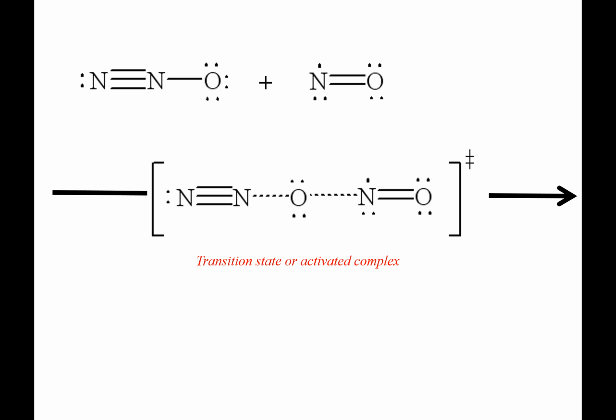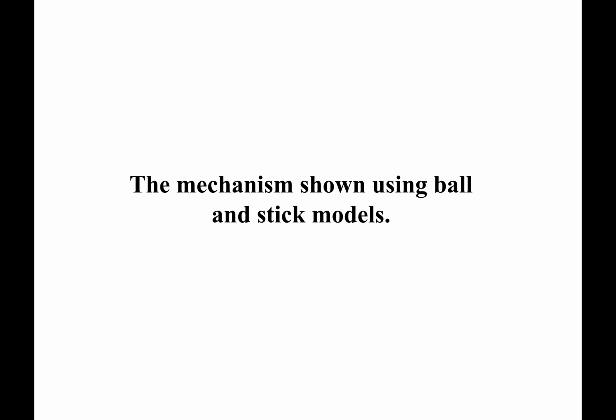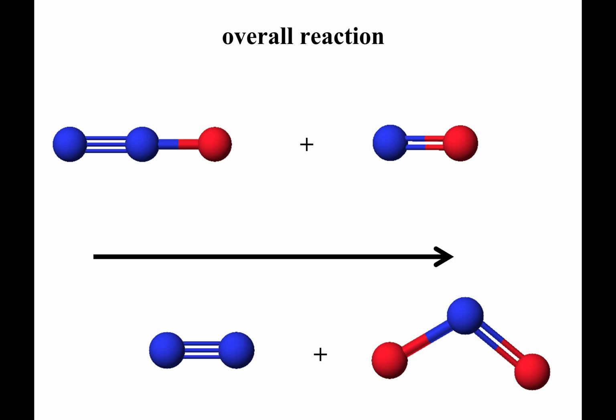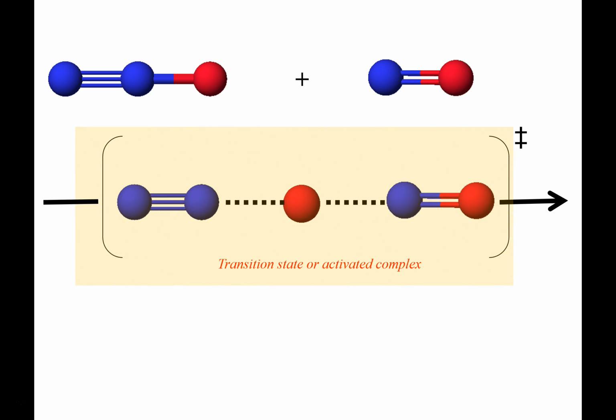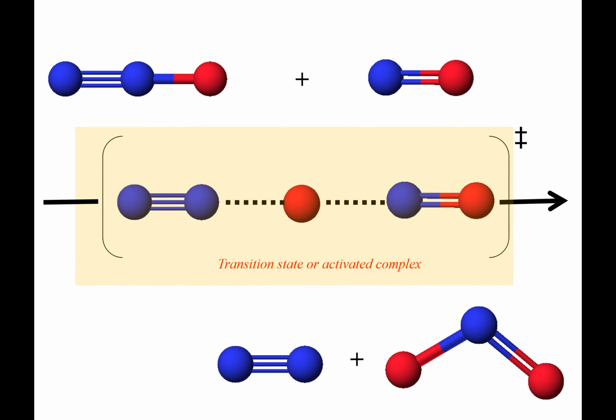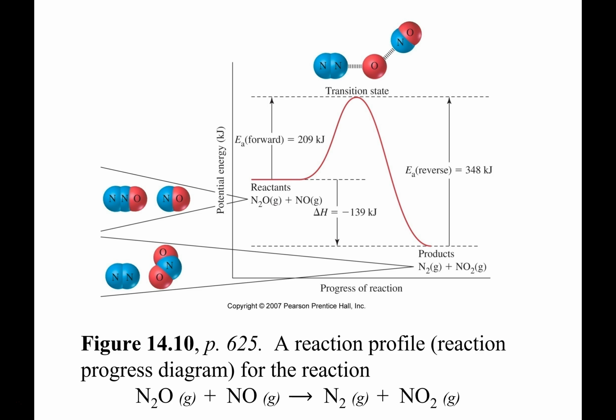You see those two little dotted lines, which is itching to go to form products. And then these are the products that form, N2 and NO2. Showing the same thing. There's a transition state. This one's a good one though.